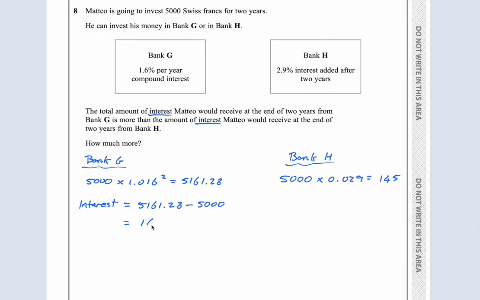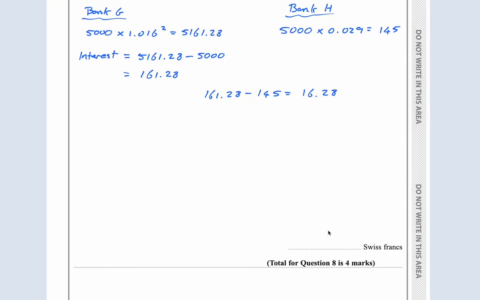He made 161.28. So this is obviously more than this. How much more? Well, I just have to do 161.28 minus 145, and that gives me 16.28 Swiss francs.